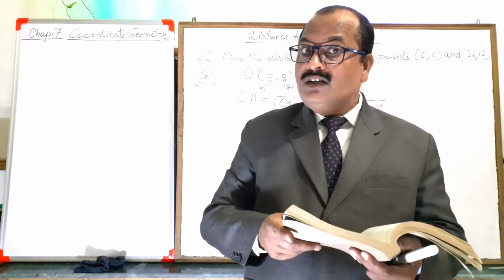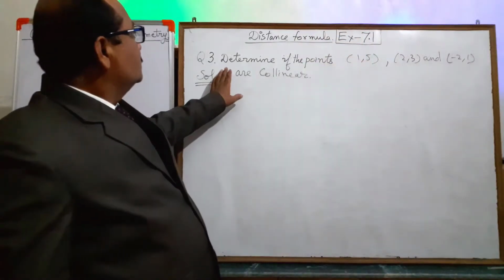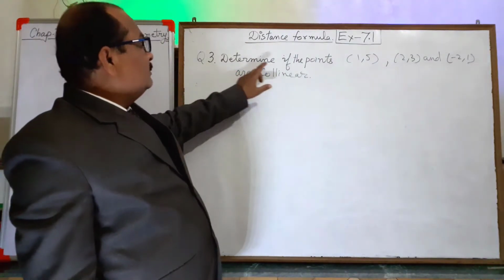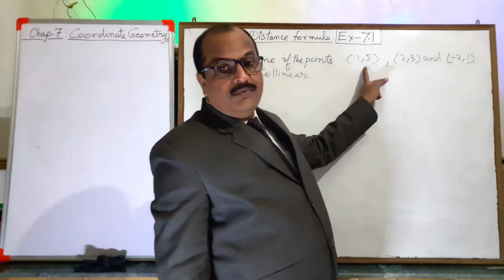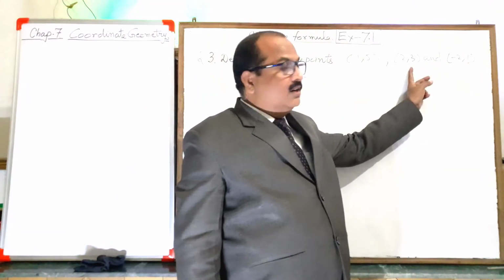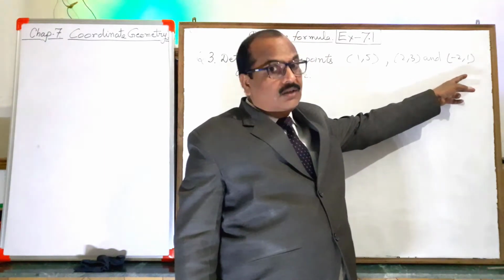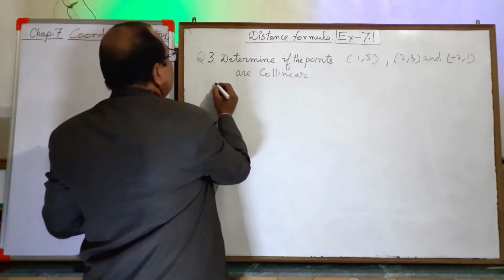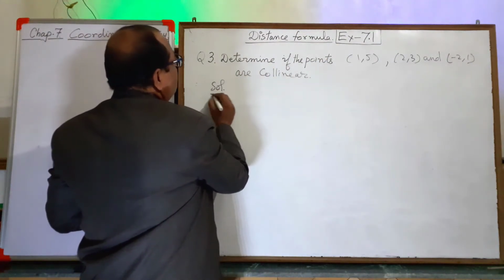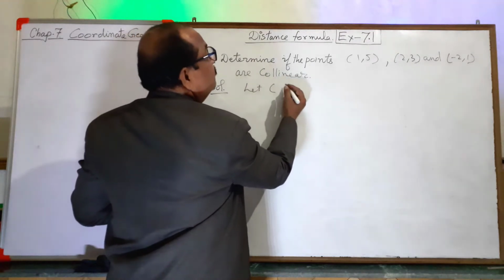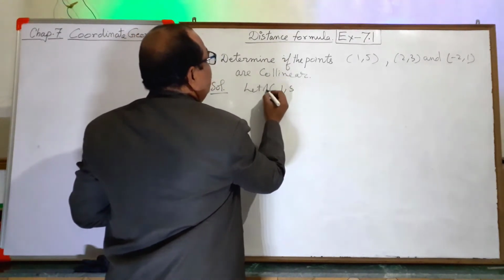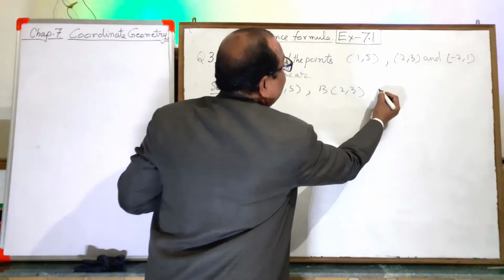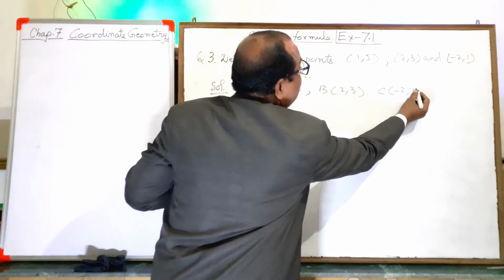Now come to question number 3. Now students, see question number 3. Determine if the points (1, 5), (2, 3) and (-2, 1) are collinear. Now let us see its solution. Let these 3 points be: first point A, point B is (2, 3) and point C is (-2, 1).